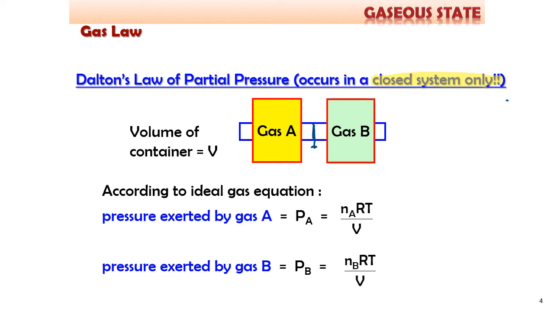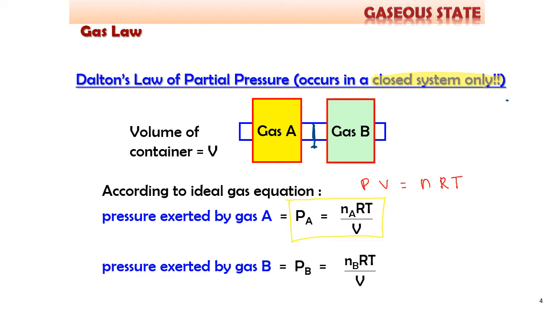So according to the ideal gas equation, PV equals nRT. If you want to use this ideal gas equation, therefore pressure exerted by gas A, PA, partial pressure of gas A, is equal to mole of gas A times gas constant R times temperature in Kelvin, divided by volume in liter.